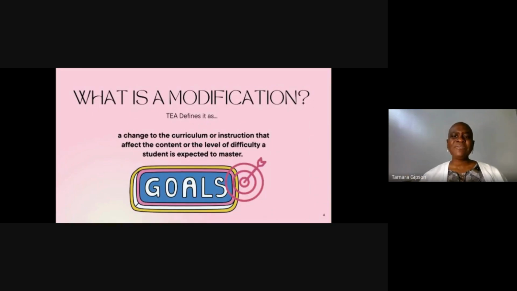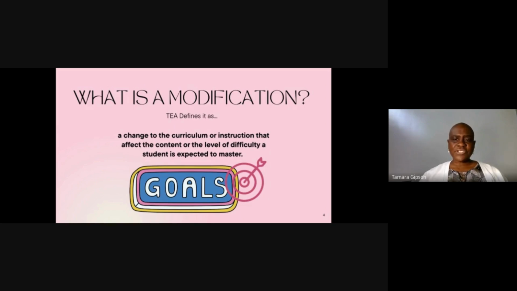So, a modification. This is a TEA definition, our Texas Education Agency, which helps us to keep in line the TEKS objectives and understanding of what we are teaching. It defines it as a change to the curriculum or instruction that affects the content or the level of difficulty a student is expected to master.